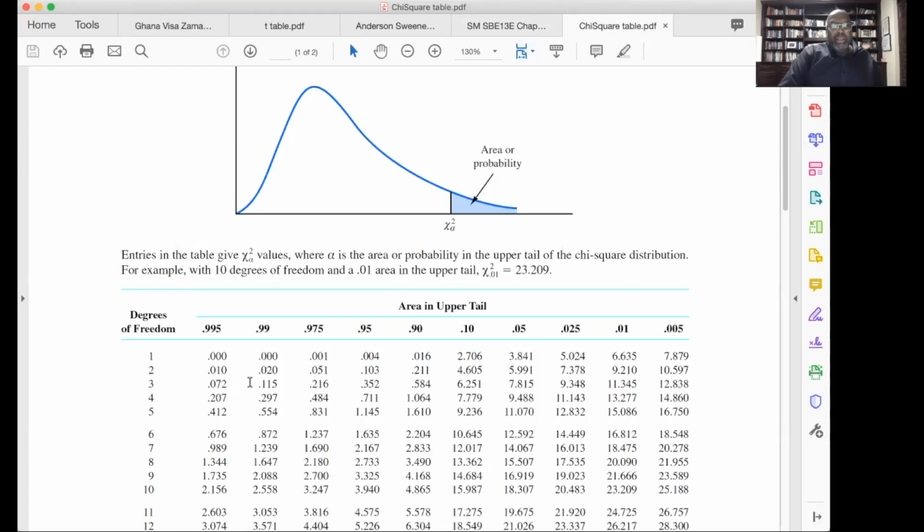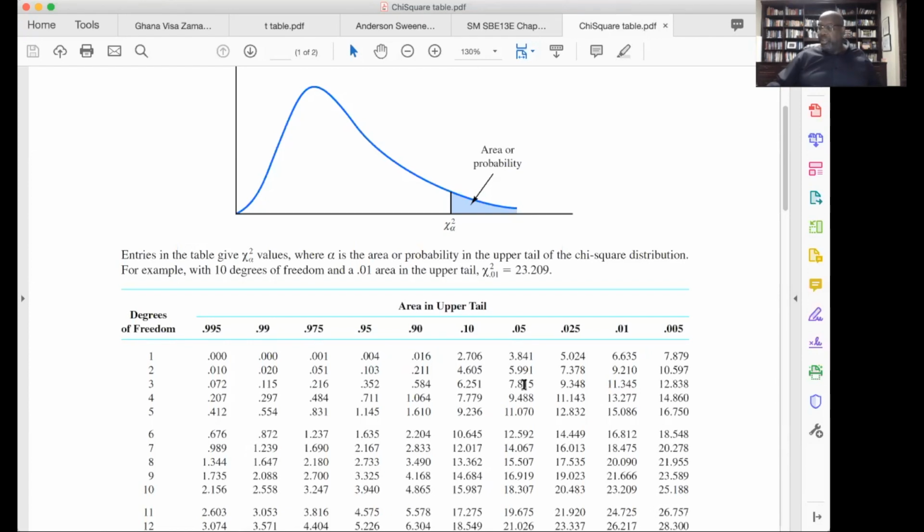And then if I look for 5% in the tail, I believe the problem did say 5%, or was it 10%? Let me see. 5%. So 5% in the tail, 3 degrees of freedom is 7.815. That's our critical value, 7.815, right here. Just like you do with the T distribution, that's how it works.